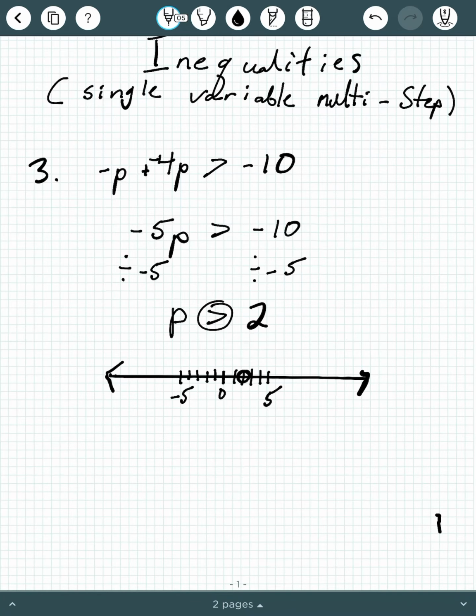But the thing I want to confirm is whether I go to the left, meaning p is less than 2, or to the right, meaning p is greater than 2.